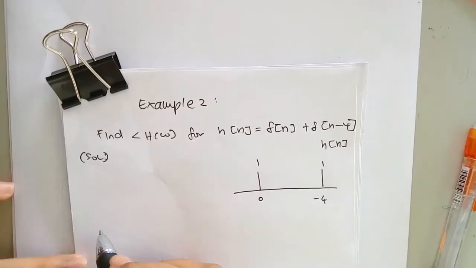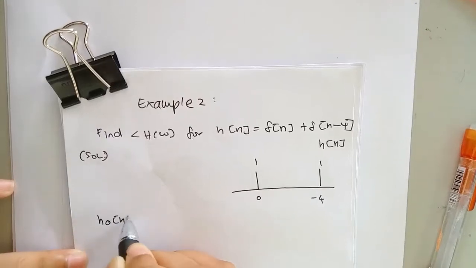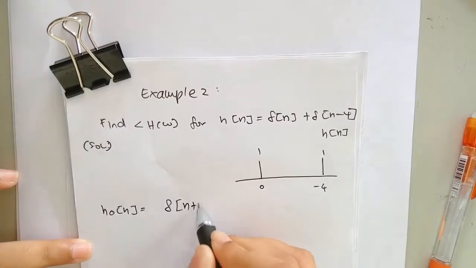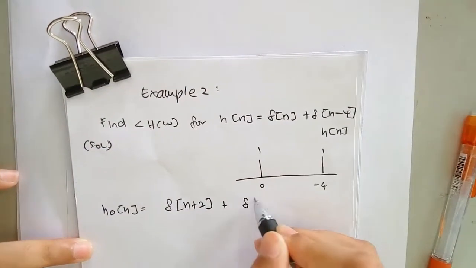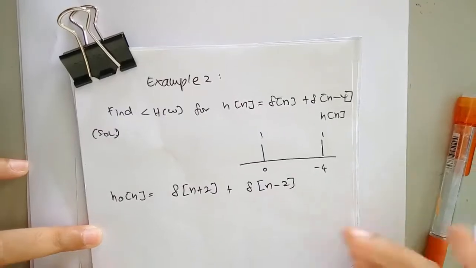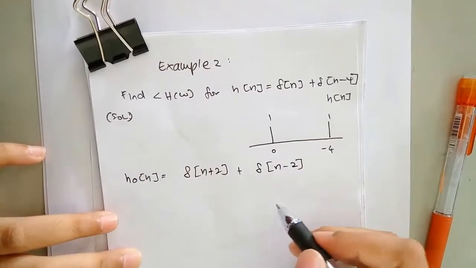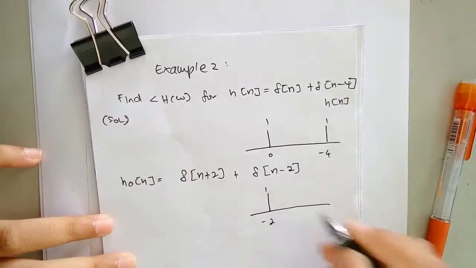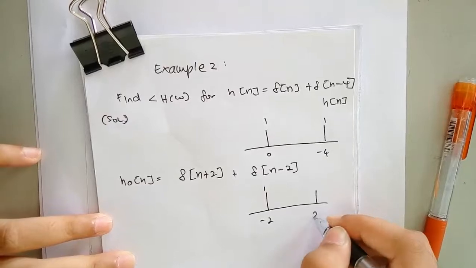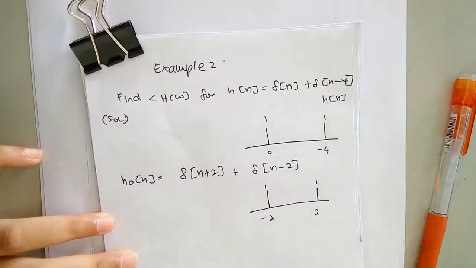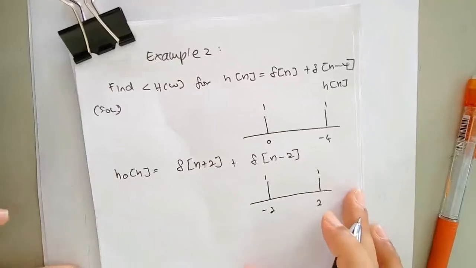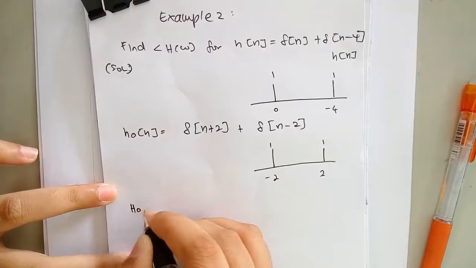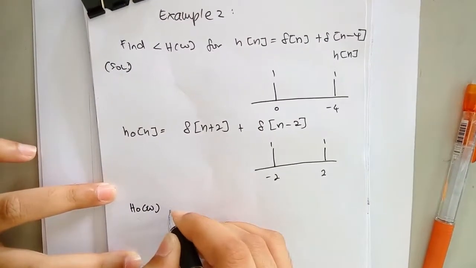We can change this signal to a delayed signal of delta at n plus 2 plus delta at n minus 2. This is equal to the zero phase signal, because if we redraw it, it will be at n minus 2 and at n positive 2. It's just the same, we just delayed it. After we get the delay, we have to find H naught omega of the system.